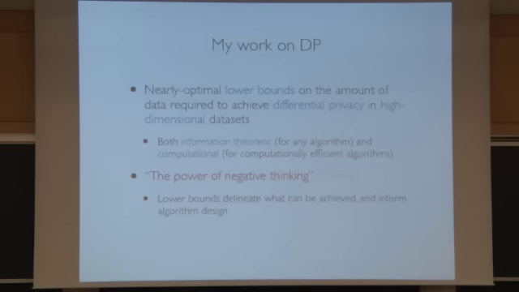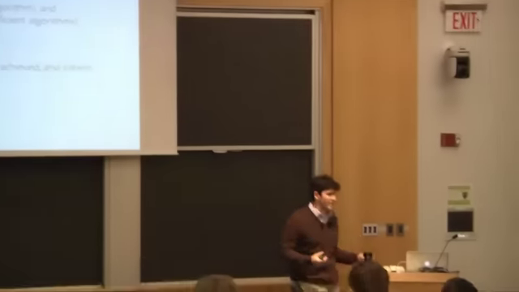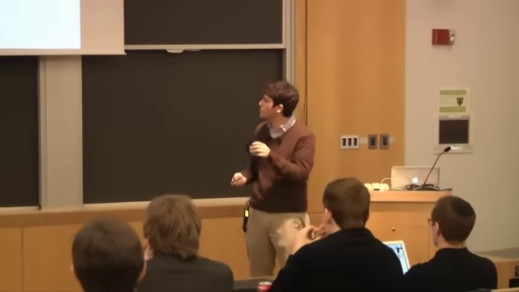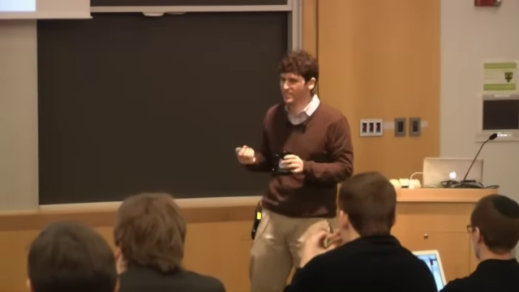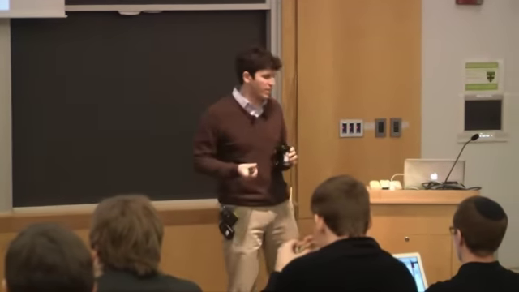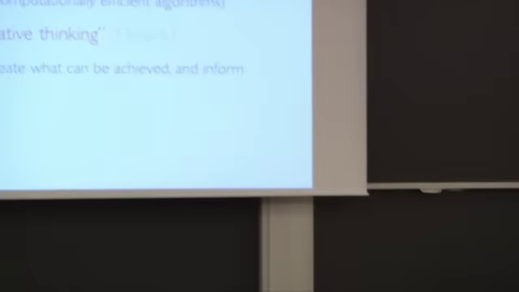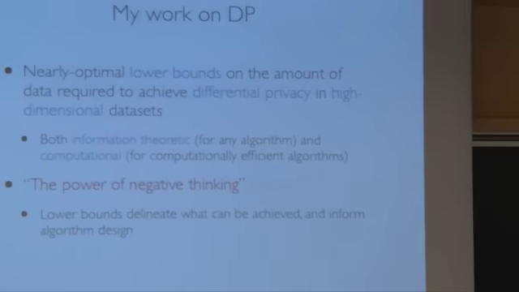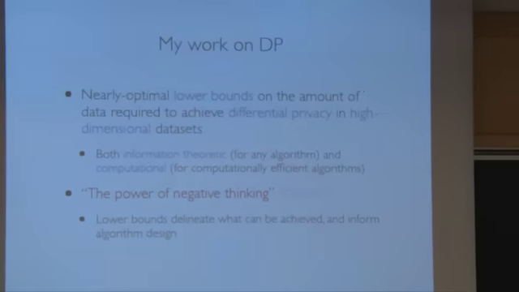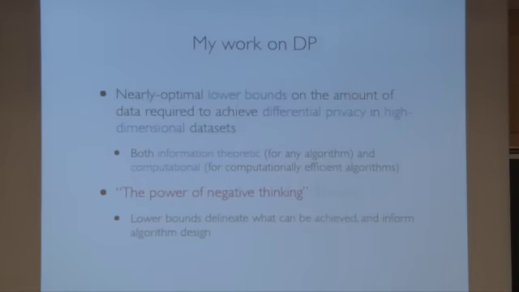And I've been telling you that I think differential privacy has all this promise for balancing privacy and utility in analyzing sensitive data. So why am I talking about lower bounds? I think Cynthia Dwork gave a very good argument for this that she calls the power of negative thinking. These lower bounds are important for setting our expectations, delineating what can be achieved, and also for informing algorithm design.